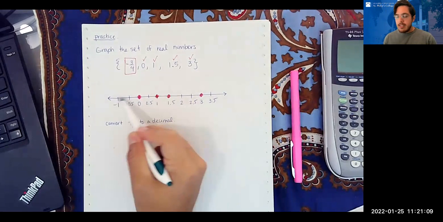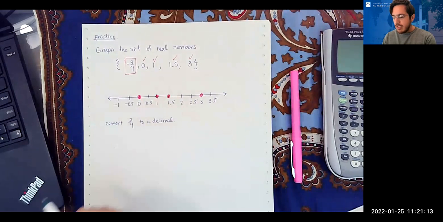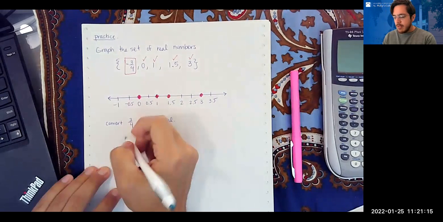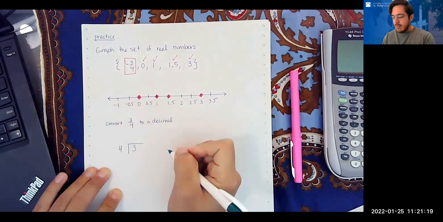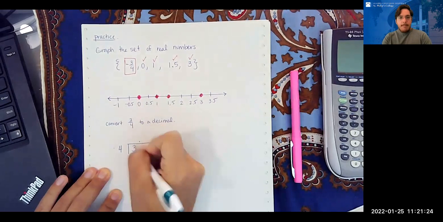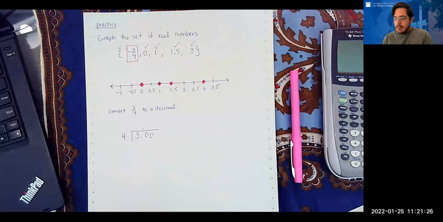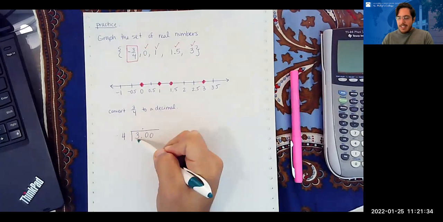But in order to convert this to a decimal, we need to do long division. So remember, cowboy sleeps inside and the horse sleeps outside. So we can go ahead and do this long division. So does somebody want to walk me through this long division? How many times does 4 go into 3? None. Yeah, 0 times.